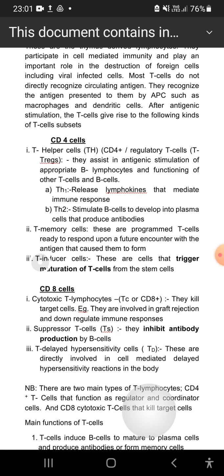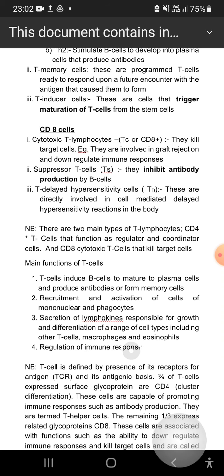The main functions of T cells: they trigger or induce B cells to mature to plasma cells and produce antibody. They recruit and activate other cells of the immune system, that's mononuclear cells and phagocytes. They secrete lymphokines responsible for growth and differentiation of a set of immune cells, and they regulate immunity.